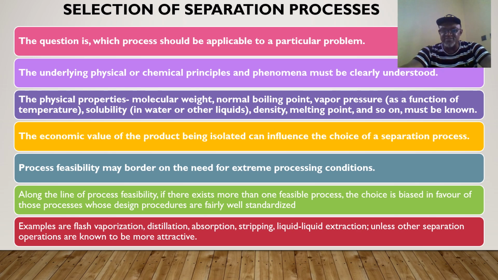So we're saying that, for example, if the product is required in a very high pure form, that will also determine the type of separation process or separation device that can be used.